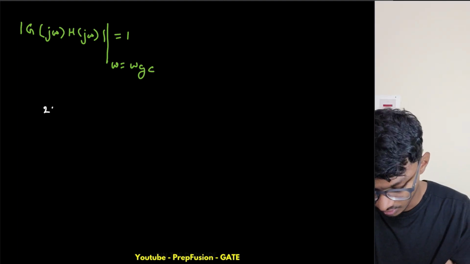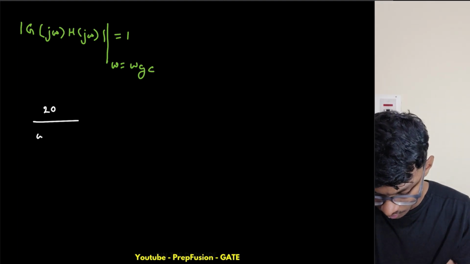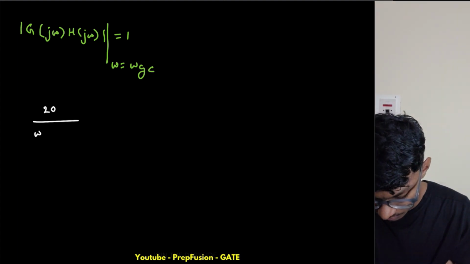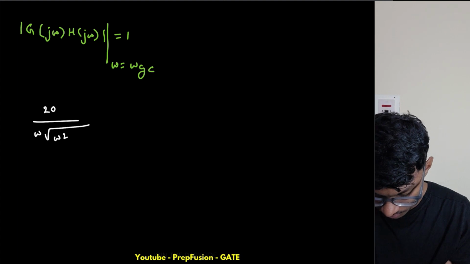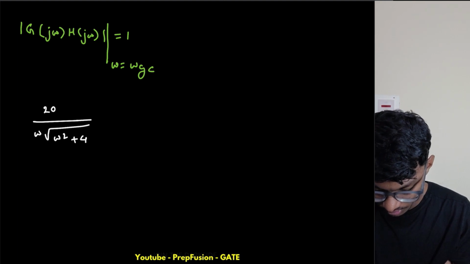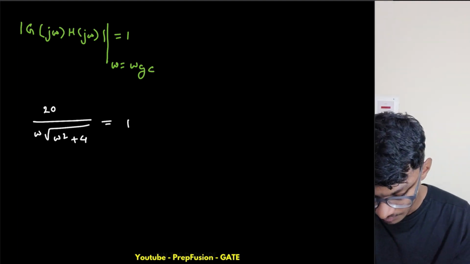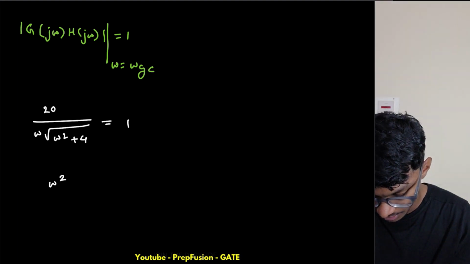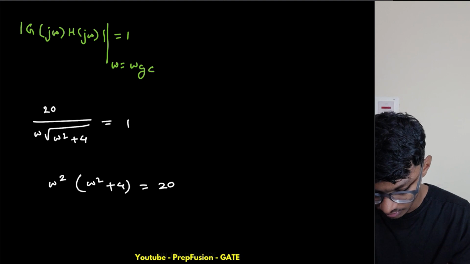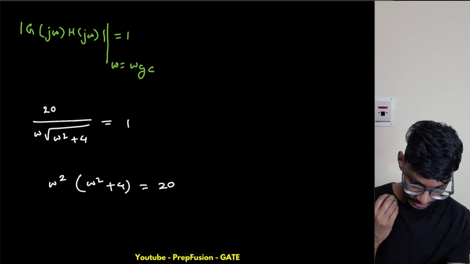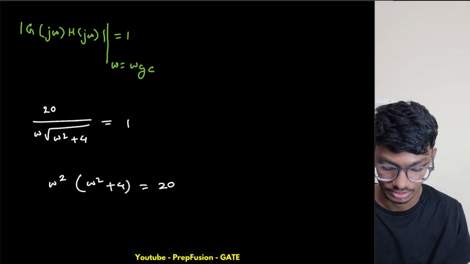So 20 divided by omega, plus 4, should be equal to 1. Again I will take the whole square. So this will be omega square into omega square plus 4 equals 20 itself. Again I will replace omega square to make it a second order equation, and then solve it.